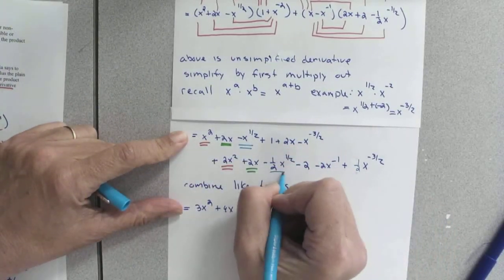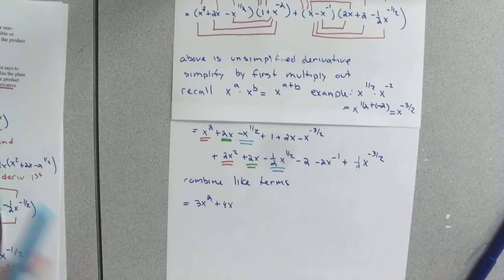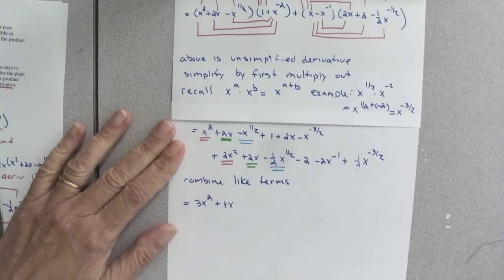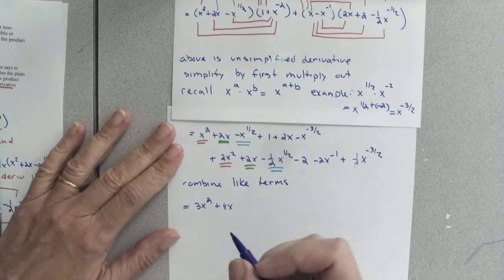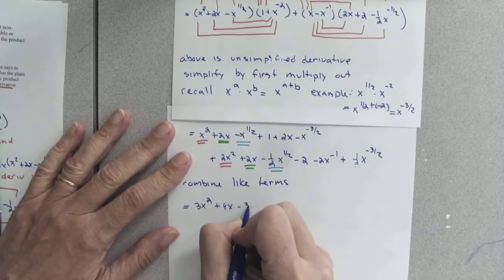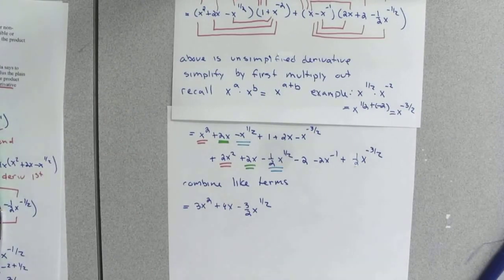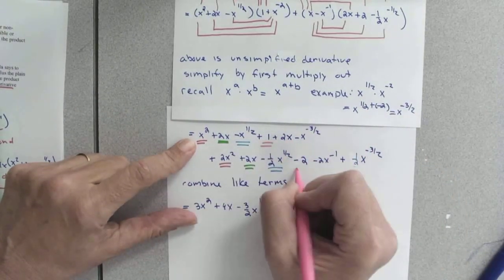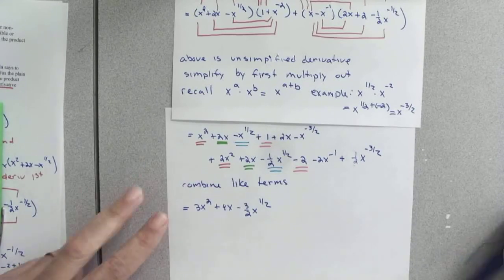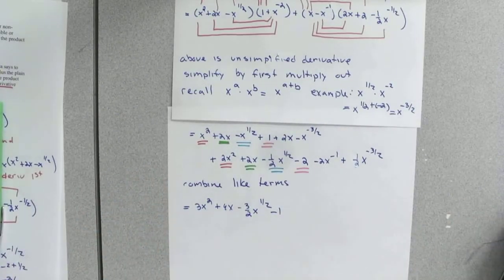X to the 1/2 minus x to the 1/2 minus 1/2 x to the 1/2 would be minus 3/2 x to the 1/2, plus 1 minus 2 for minus 1.